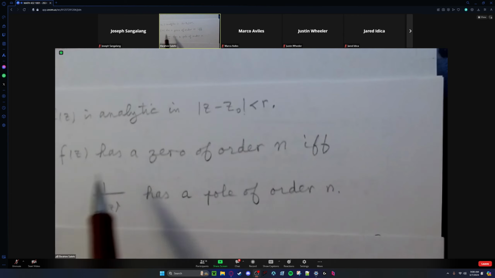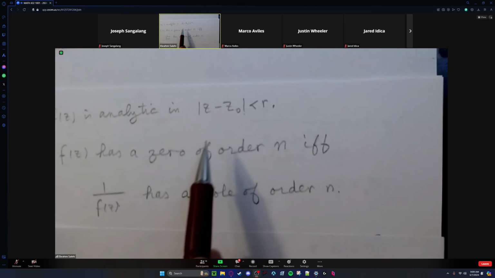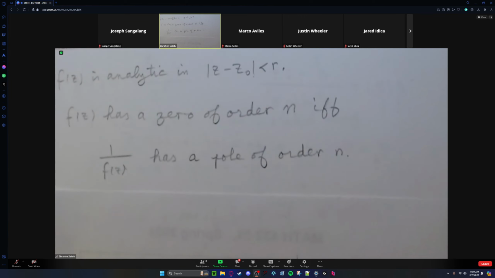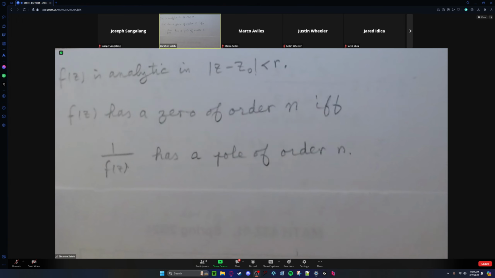So here is the correlation between zeros and poles: a function has a zero of order n if and only if its reciprocal has a pole of order n. That will help us figure out either the order of a pole or the order of a zero.